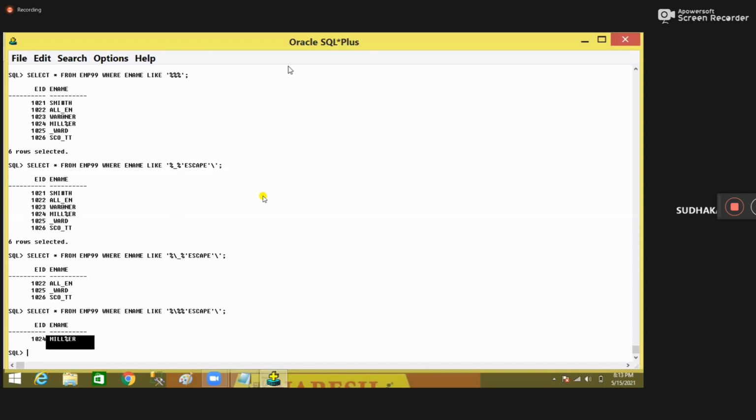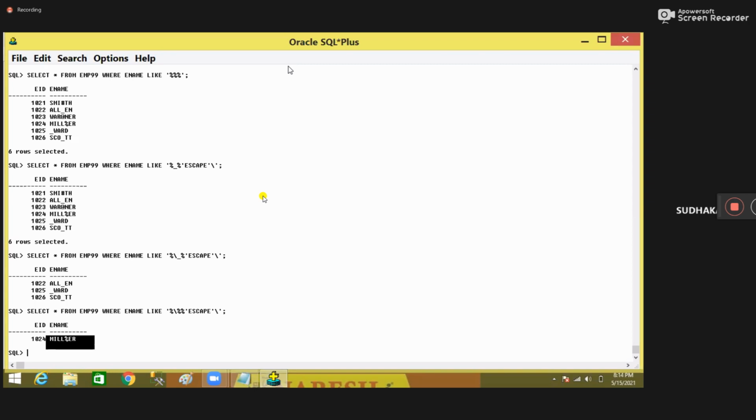So this is it, guys. Whenever you want to do some operation with a like operator based on underscore and percentile, we should compulsorily use the escape slash statement. Otherwise your Oracle server cannot identify these symbols as special characters, and by default it will treat them as wildcard operators only.